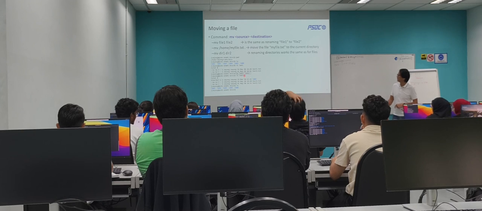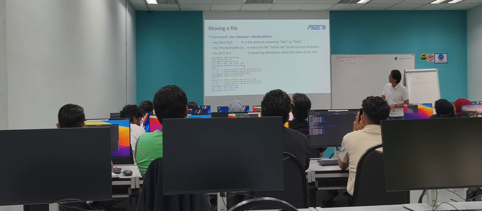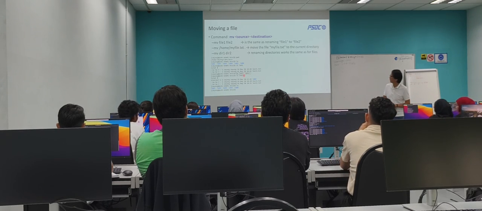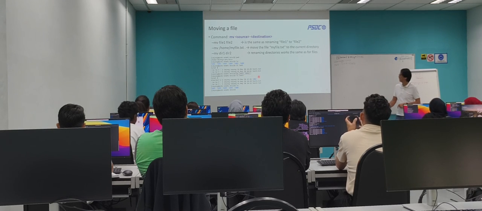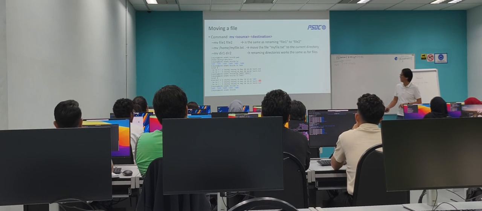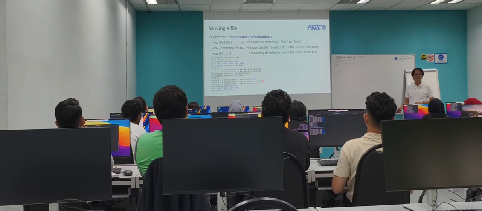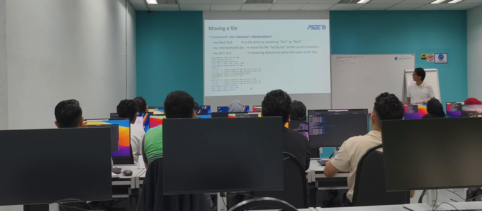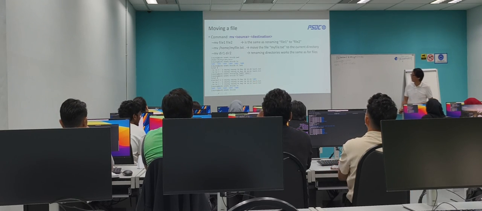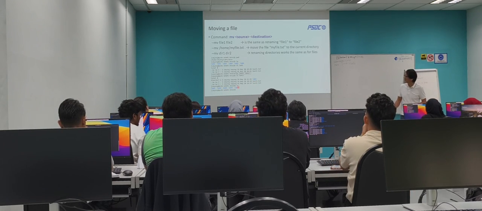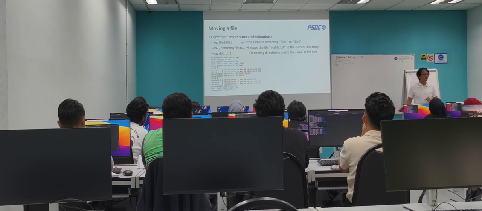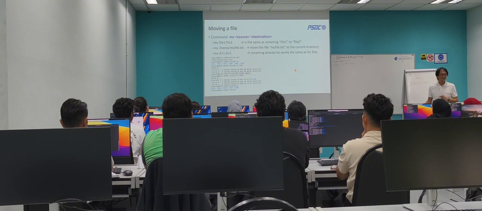Then I list out lab 1, and I can see that my text 2 is already inside the lab 1 folder. You can see under the Unix directory, the text 2 is no more. It's moved.